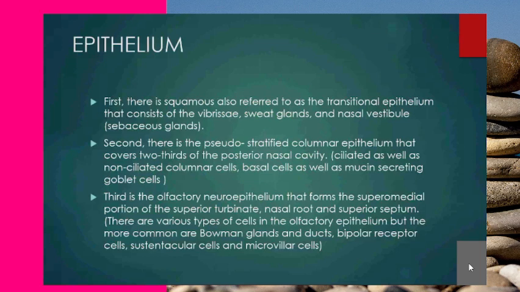From the cribriform plate, it spreads along the roof of the nasal septum and the portion which is superolateral to the superior turbinate. So what kinds of cells can you see there? You can see Bowman glands and ducts, bipolar receptors, sustentacular cells and microvillar cells.